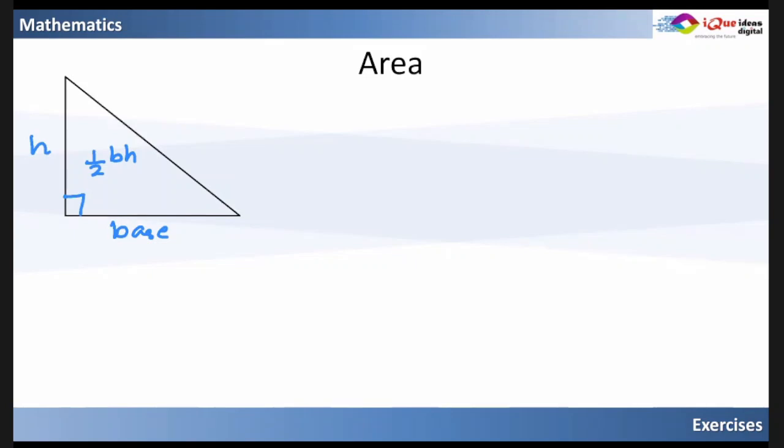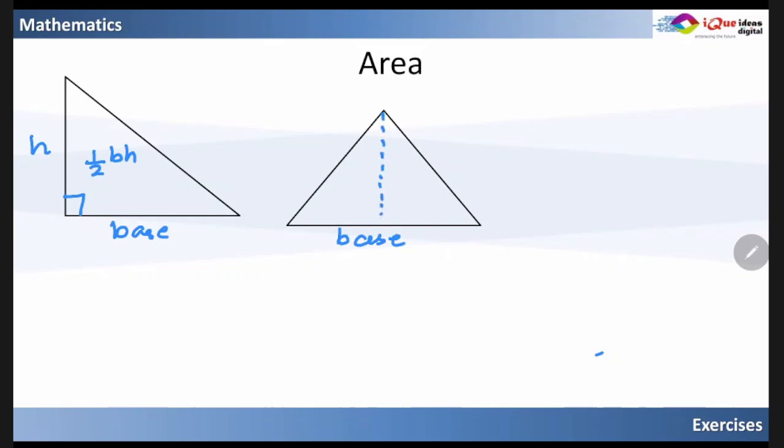And for something which is not a right angled triangle, we will obviously have a base, but the height is always taken as the altitude from the opposite vertex. So this is the height. So again the formula here becomes half multiplied by base multiplied by height.